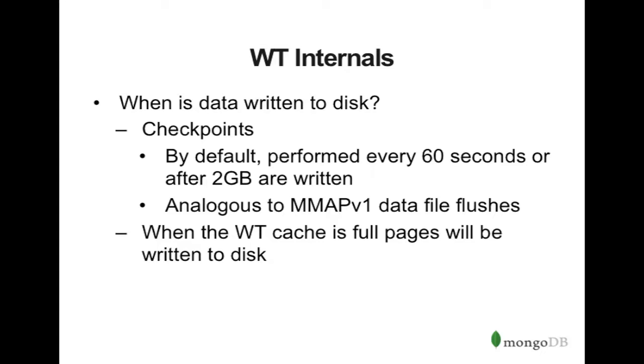The main difference is that in MMAPv1, the operating system had the option to flush before the 60-second upper bound was hit, dependent on workload. With WiredTiger, checkpoints will by default be performed every 60 seconds or after 2 gigabytes of data are written. The operating system will not implicitly trigger checkpoints, as it does with MMAPv1.